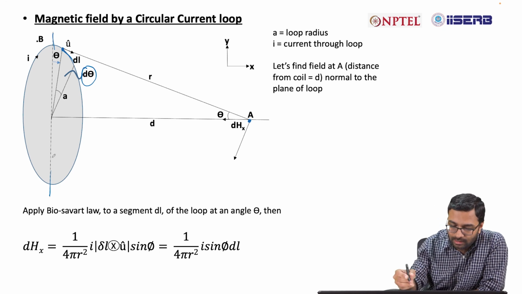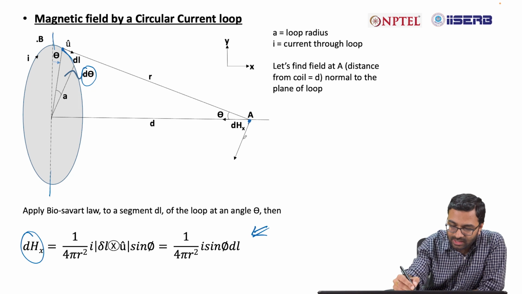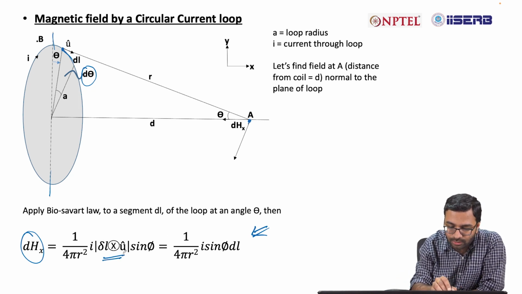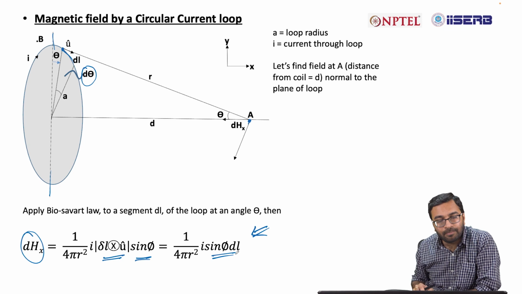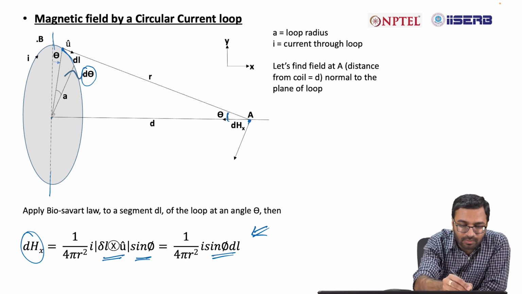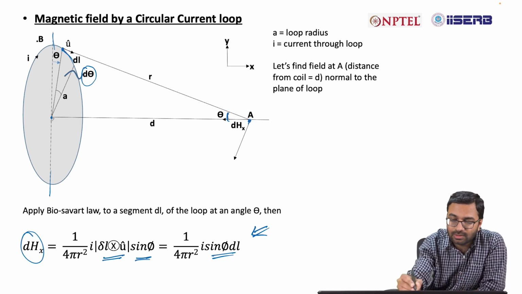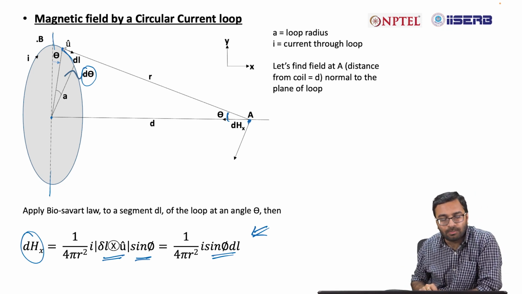Now, if you do that calculation, you will figure out the magnetic field in x direction is 1 by 4 pi r square I into dl cross u sin phi, which will lead to 1 by 4 pi r square I into sin phi dl, where phi is the angle between the line connecting the center of this loop and the point on the periphery of that circular loop.